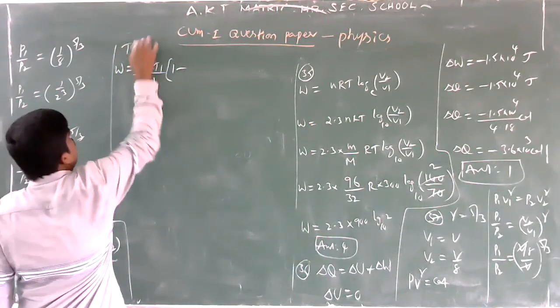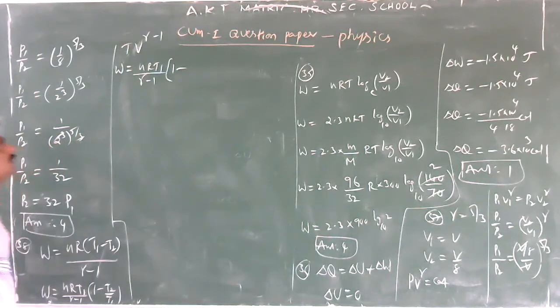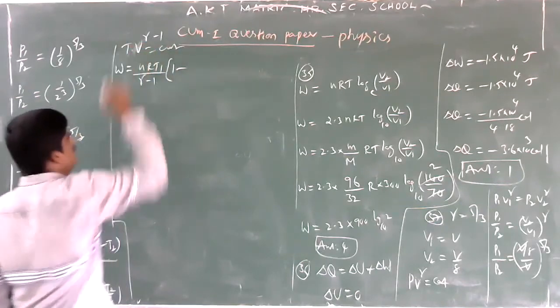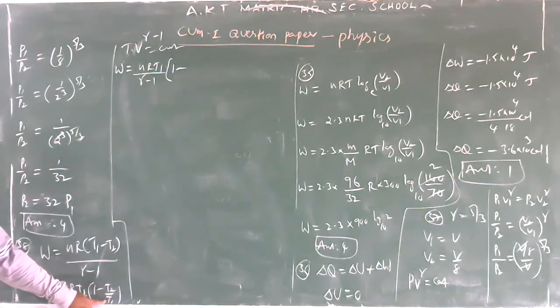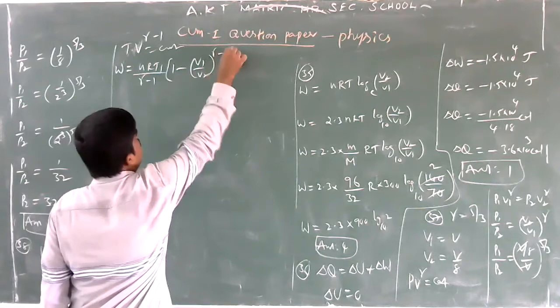T V to the power gamma minus 1 is equal to a constant, so temperature and volume are inversely related. T2 by T1 is equal to V1 by V2 whole power of gamma minus 1.